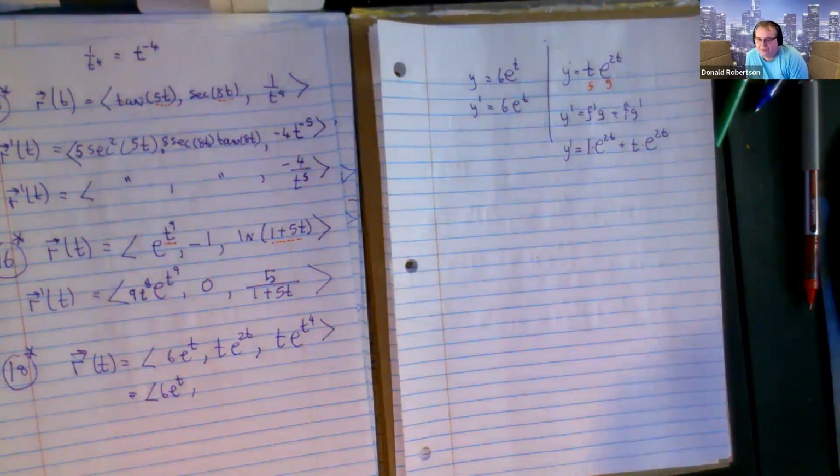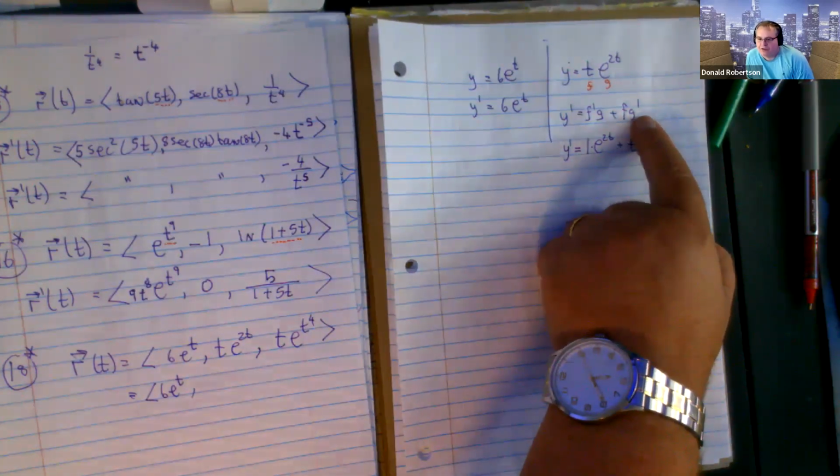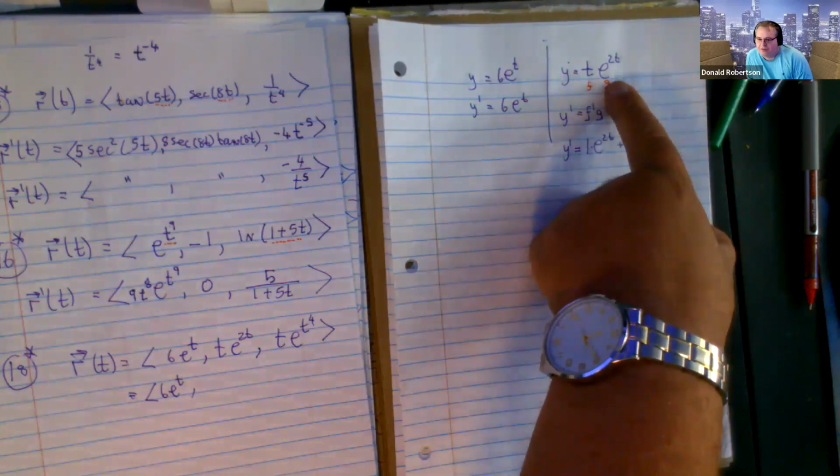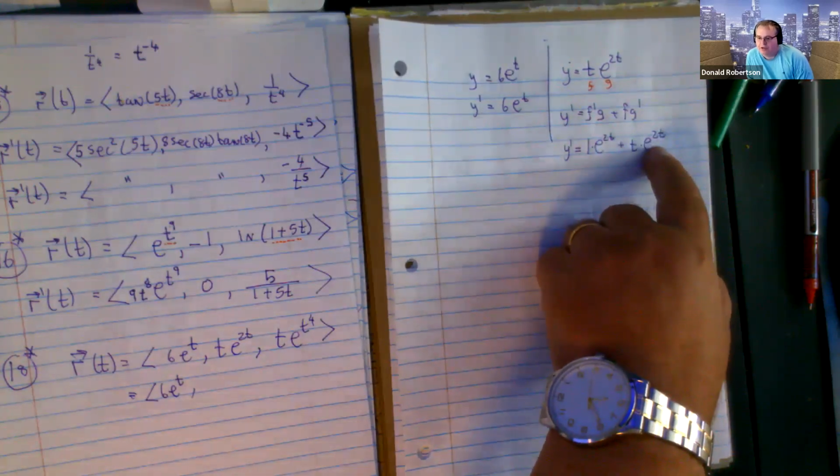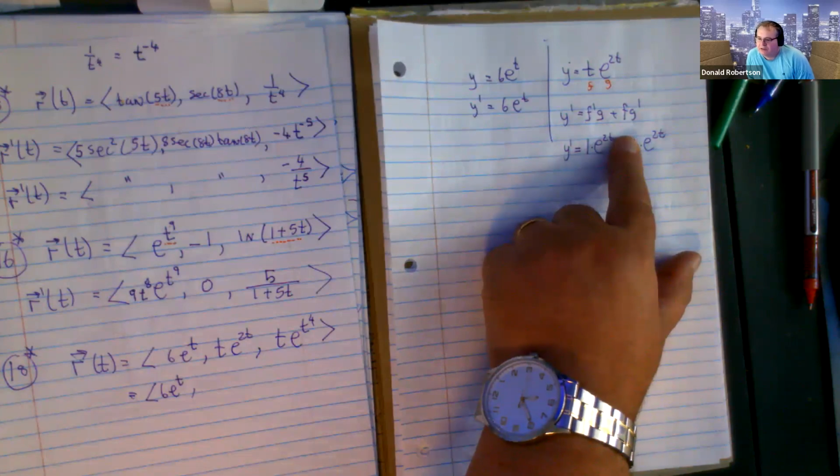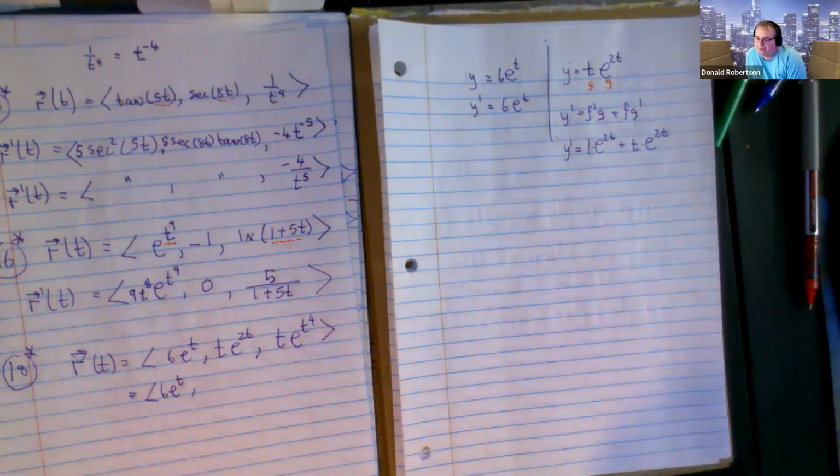What's missing? Because that isn't actually correct. I've missed something. When I found g dashed, the derivative of e to the 2t, the answer is e to the 2t. But what's also missing? Because that's not the full answer. e to the 2t times 2.